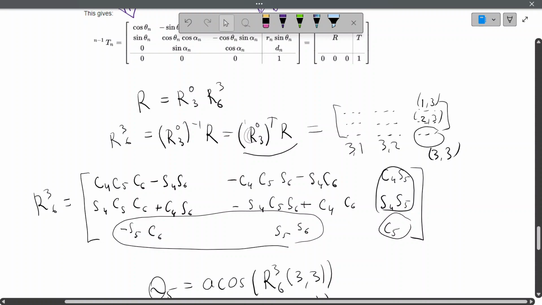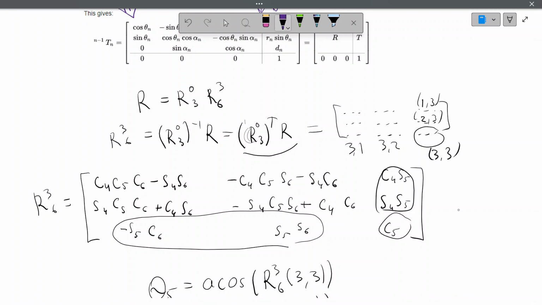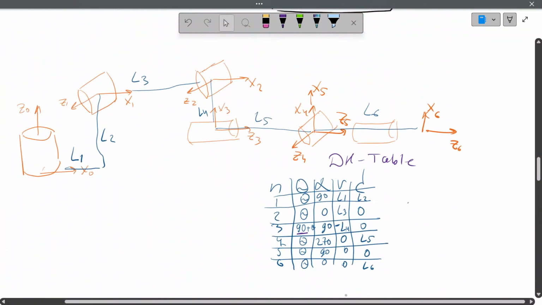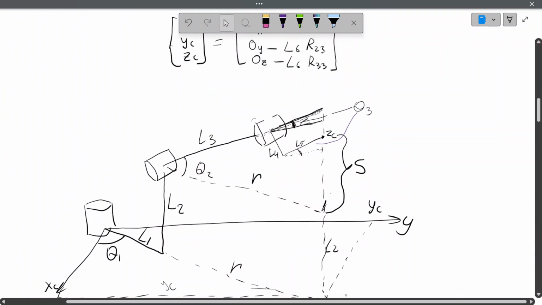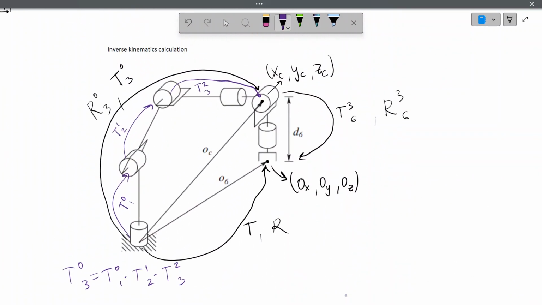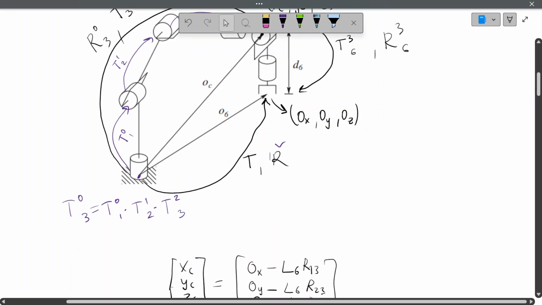Next, let's see what we know and what we don't know. So this part is known to us. This R is given by the inverse kinematics task. This R is between the origin and the last point, so this R is given to us.